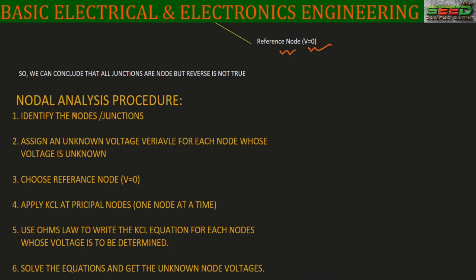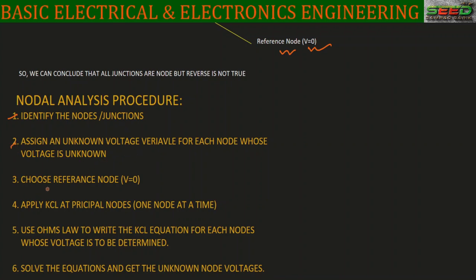Now we will see what are the steps involved in nodal analysis. So first step, identify the nodes or junctions in a given circuit. Number 2, assign an unknown voltage variable for each node whose voltage is unknown.